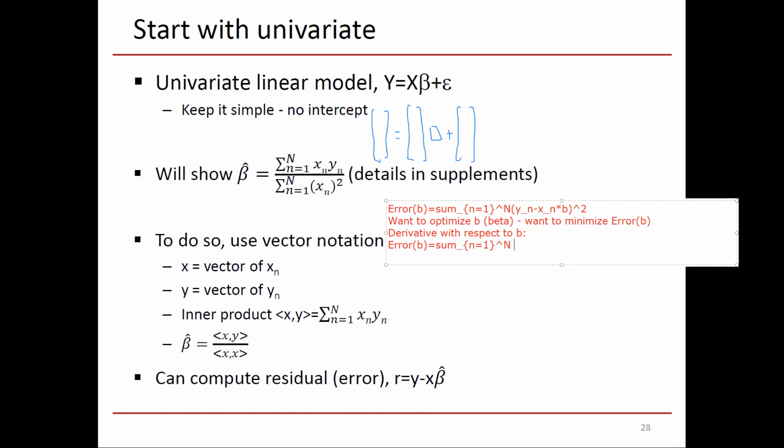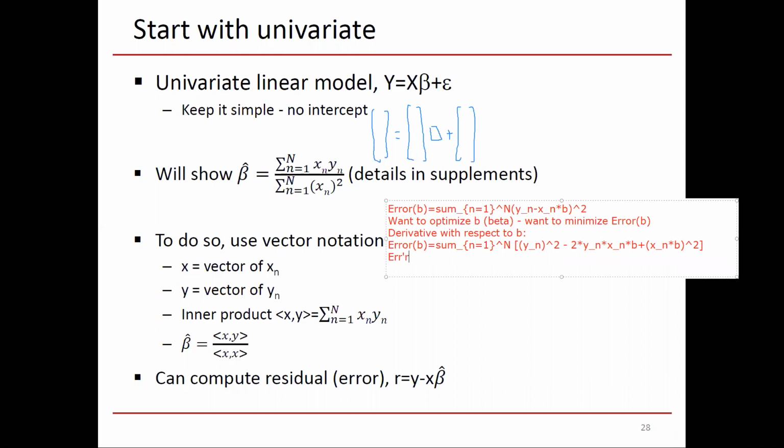I want to remind you that each of these terms is yn squared minus 2 times yn times xn times b plus the square of xn times b. And I'm just putting square brackets around this whole thing. I just want to add a bit more detail of what we're taking the derivative over.